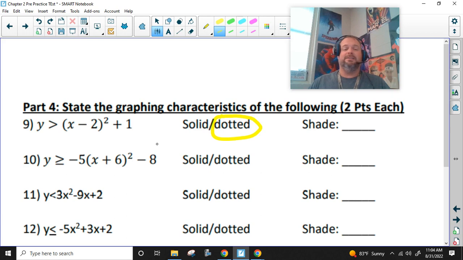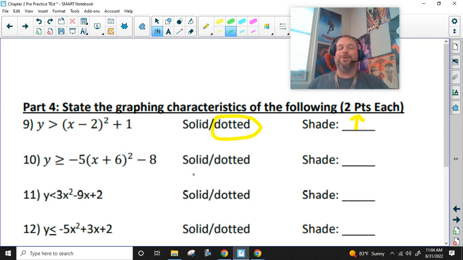Why is it dotted? Okay. Which way do we shade? Up. Now, this says 2 points each. This is not 1 point for this and 1 point for that. This is 2 points for this and 2 points for that. Whoa. I don't think I'm going to have enough ink pens to grade tomorrow.